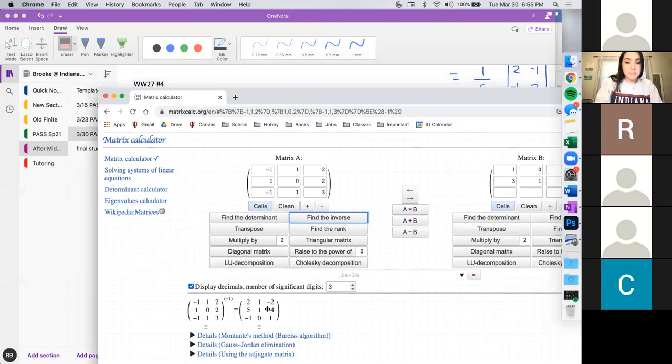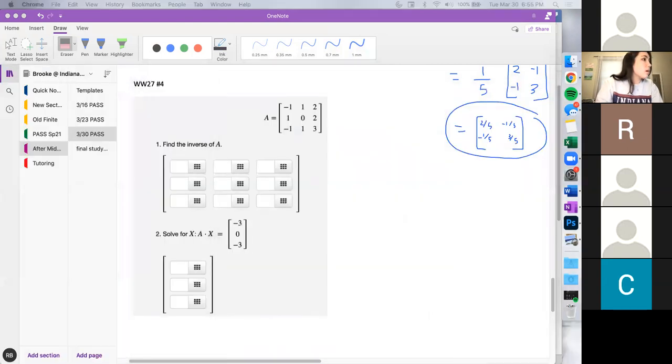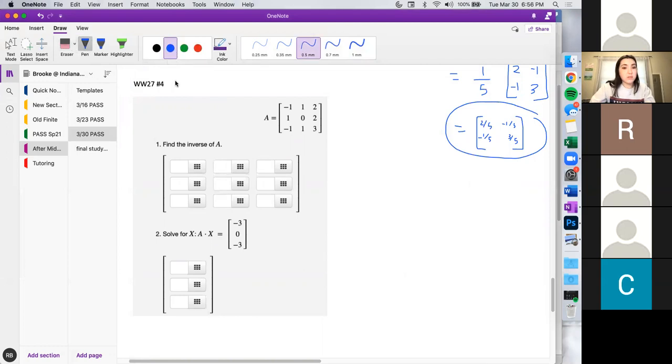It'll pop up down here, and I'll copy that over. If I'm using the calculator, I always check to make sure I typed it in right, just in case, because that kind of error would be really annoying on a test. Yep, okay. I pressed find the inverse, and that was good.